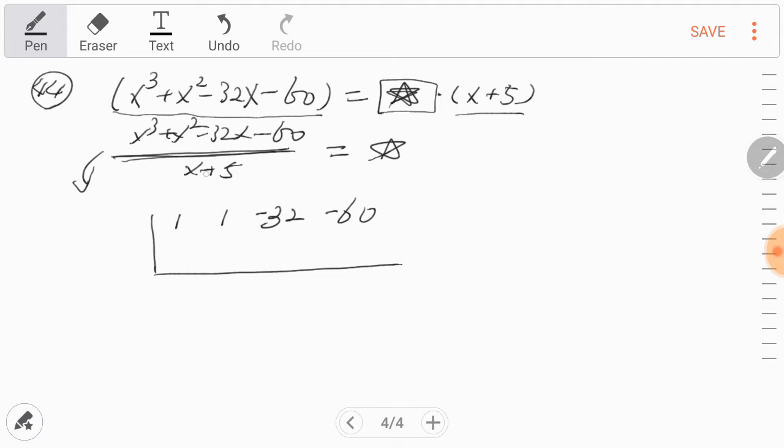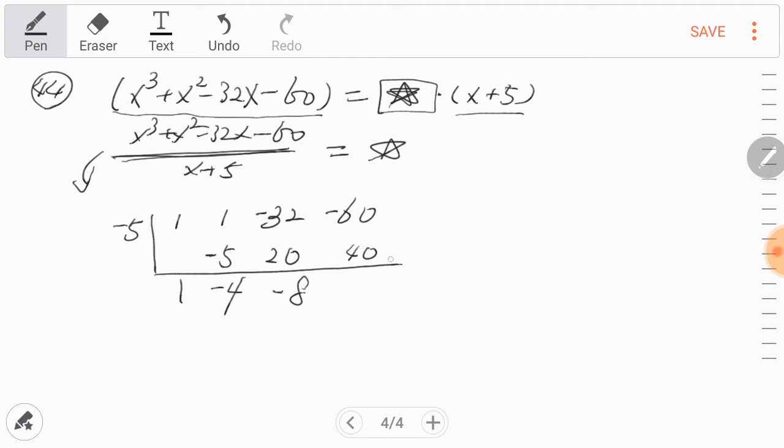The divisor is x plus 5, so write down negative 5. Then 1 down, multiply negative 5 and 1, negative 5, add, negative 4, multiply, positive 20, add these two.